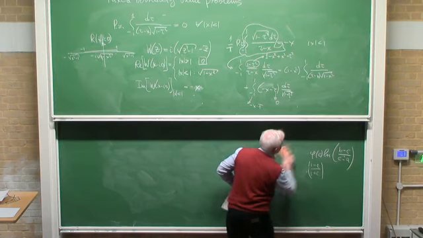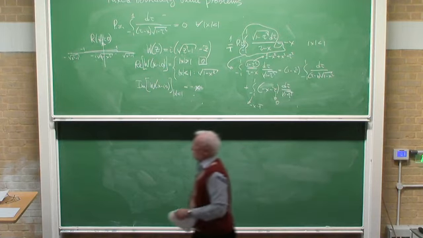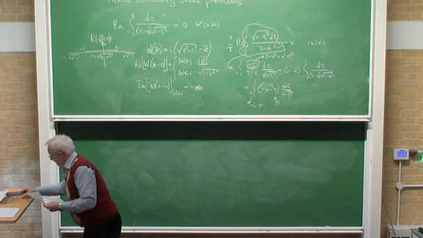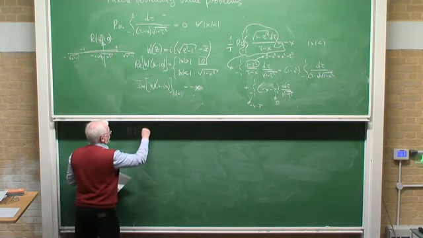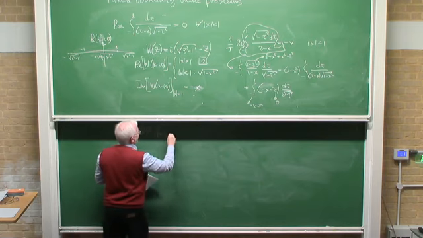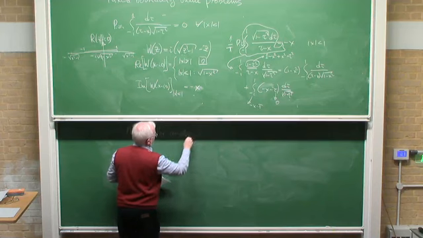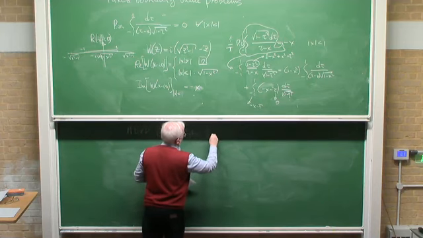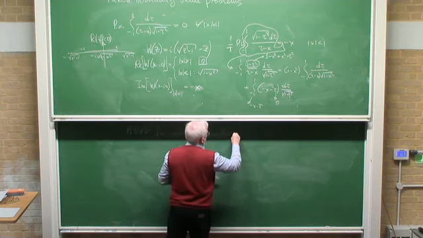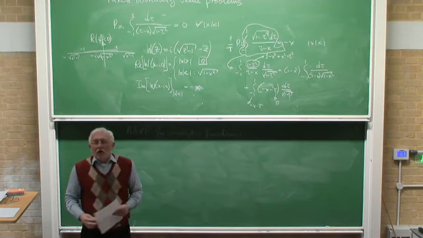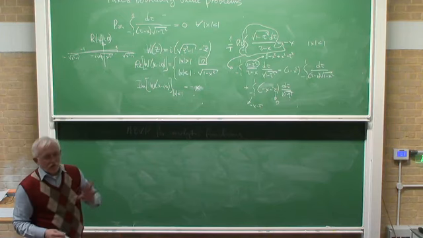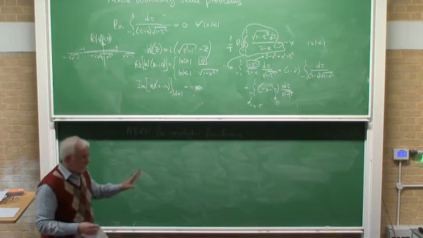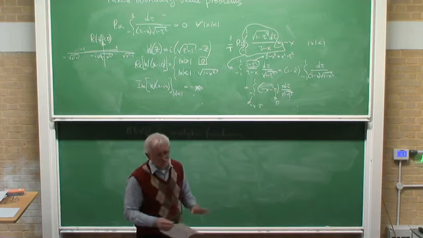First, we need to formulate it. We formulate it again like this: mixed boundary value problems for analytic functions. In this mixed boundary value problem, our boundary is divided into pieces.